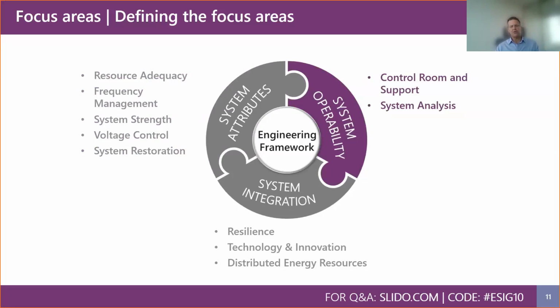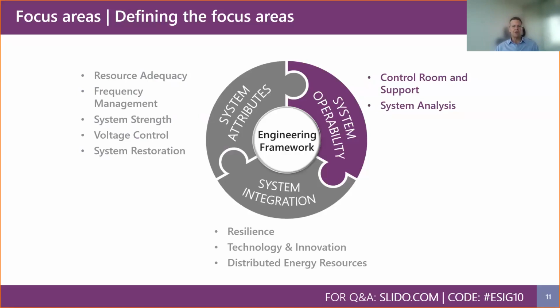And within the engineering framework, we currently foresee that there are only two key objectives for system operability from this viewpoint: ensuring that the control room tools are fit for purpose in advance of being needed, and establishing visibility and high-speed data recording to support both real-time decision-making as well as offline analysis.